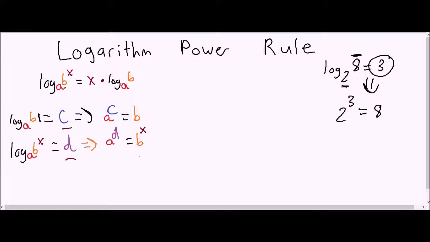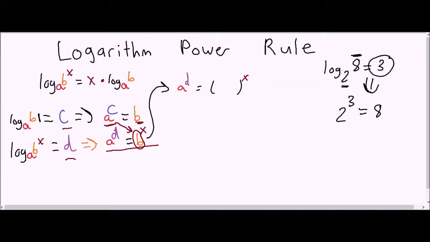Now moving forward with our proof, we have this expression down here, and we have this b term. And I know from the top equation that b is equal to a to the power c. So we can substitute a to the power c into this bottom equation. Let's rewrite this equation right up here. We have a to the power of d. That's going to be equal to b to the power of x.